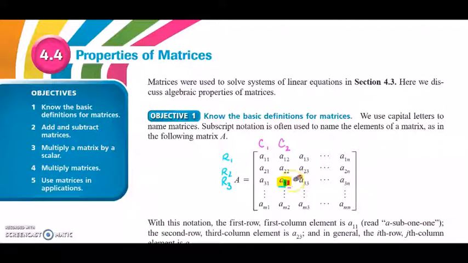So the tendency for many people is to refer to that as A32. It's not. It's A sub 3, 2. And it's read separately because it's row 3, column 2.